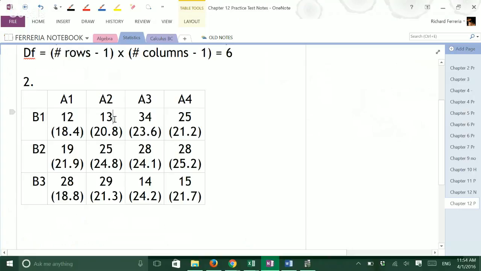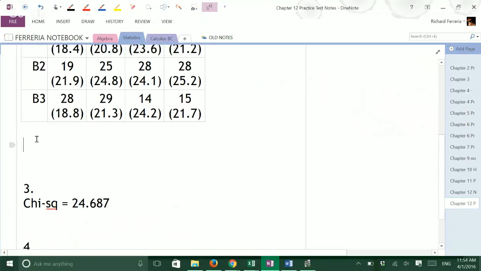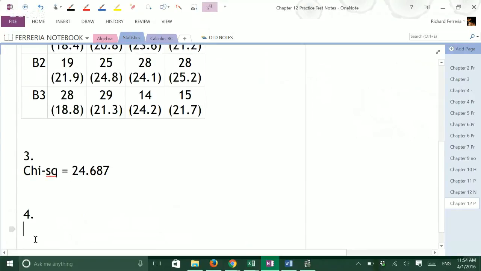As long as you actually have the expected values there, in parentheses is usually the way it goes. The F matrix we're going to use for question 4. For question 4, it asks which cell contributes the most to the chi-square test statistic?